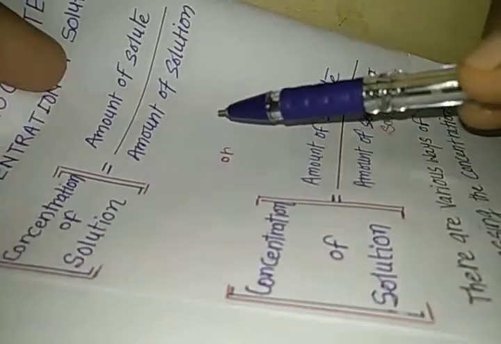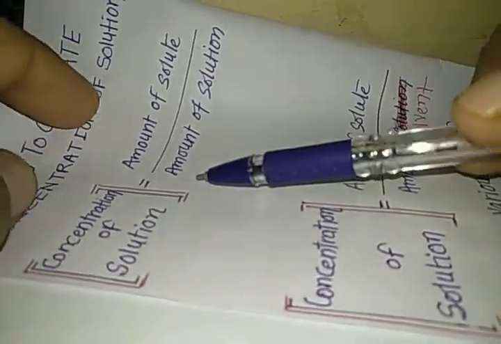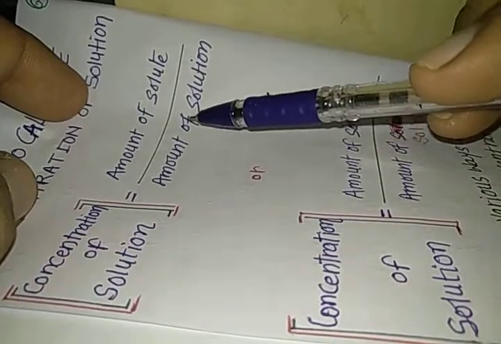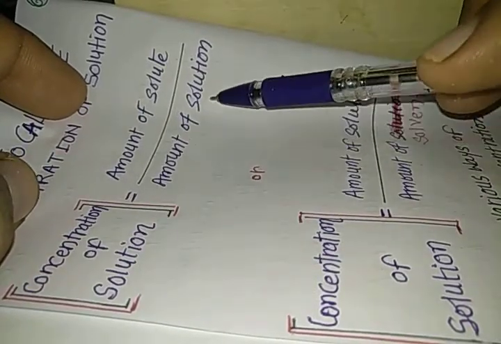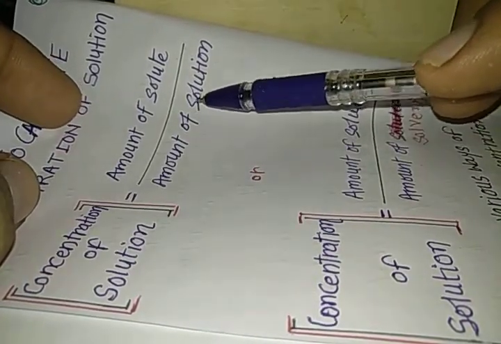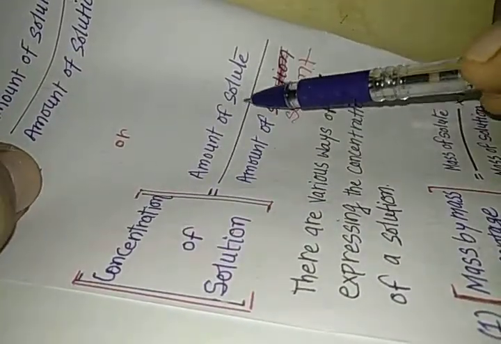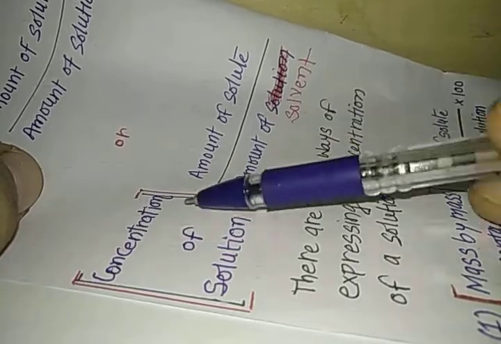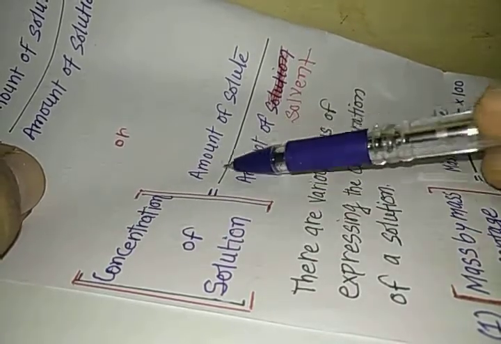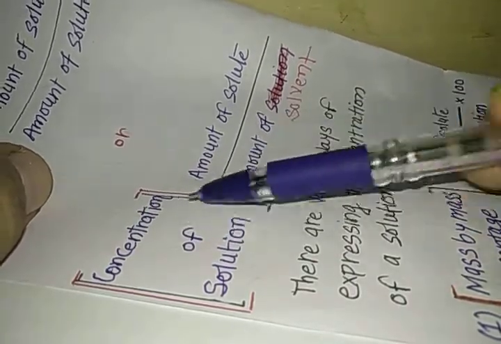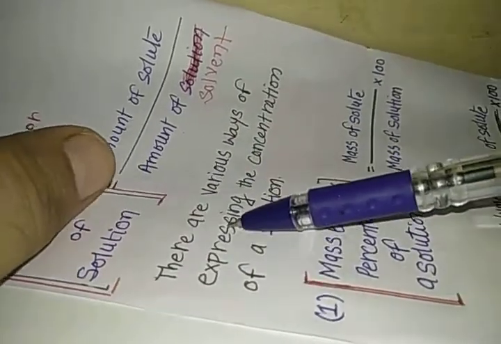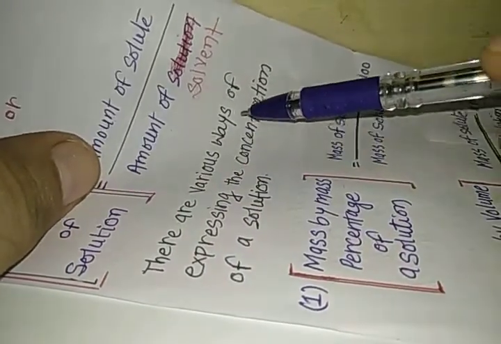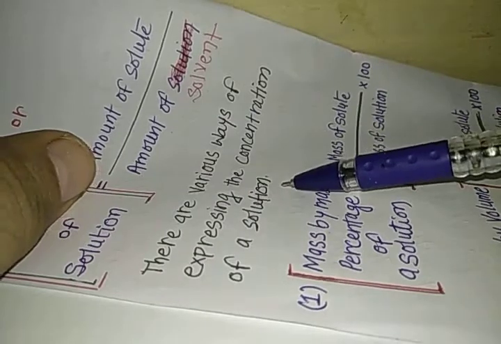So this is how we can understand the definition of concentration, that the amount of solute found in the amount of solution at given temperature and pressure is known as the concentration of solution, or the amount of solute present in the amount of solvent at given temperature and pressure is also known as the concentration of solution.